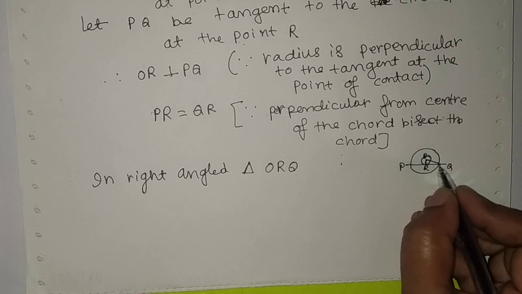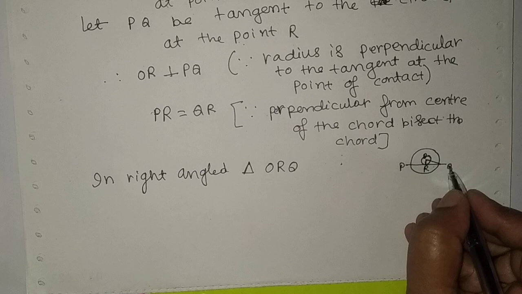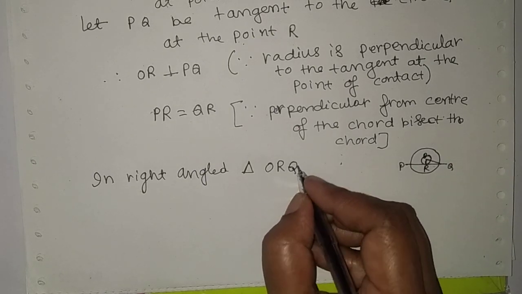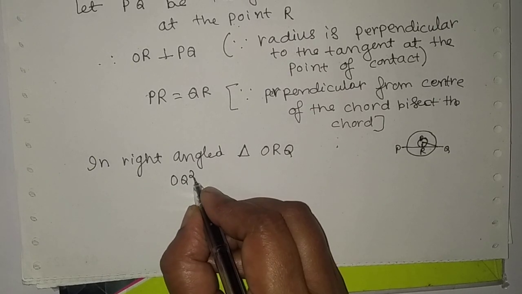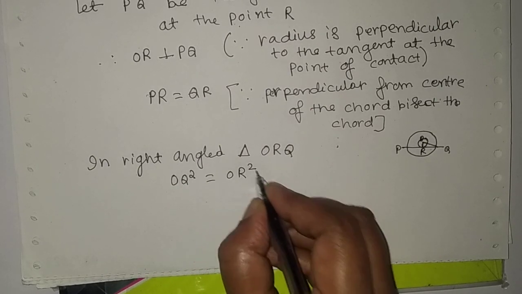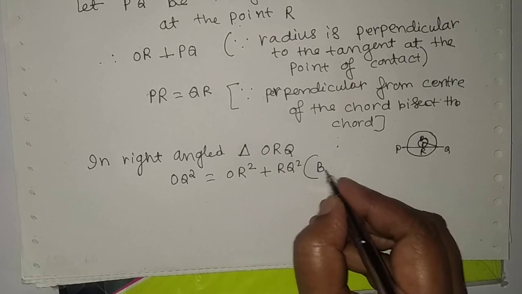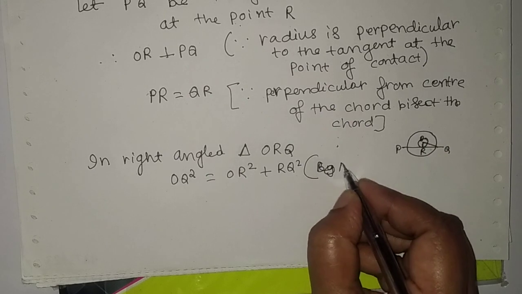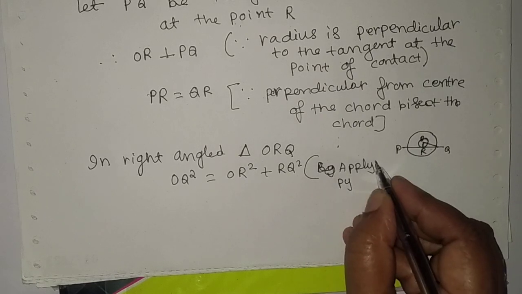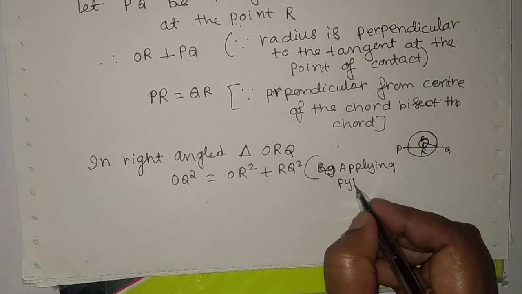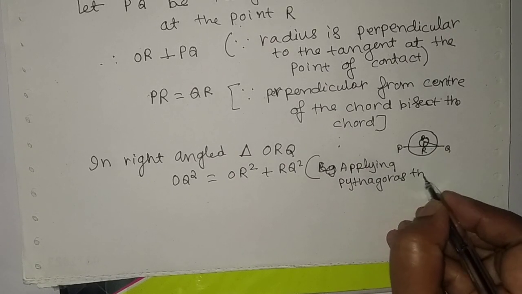So therefore, in this right angle triangle, that is ORQ, what happens? We have to apply Pythagoras theorem. So OQ square is equal to OR square plus RQ square, by applying Pythagoras theorem.